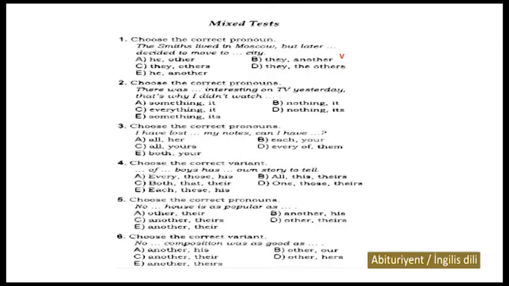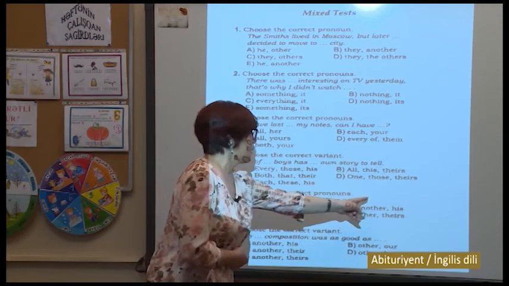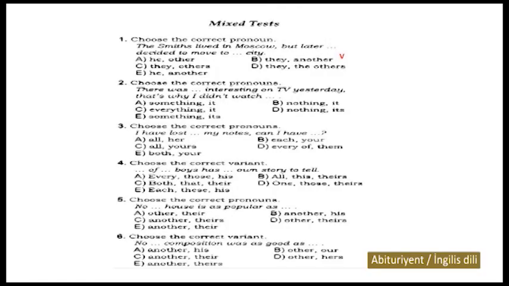What about number 5? Choose the correct pronouns. Again, no house is as popular as. What about no another? We can't use no and another together. So C, E, and A variants are incorrect. And popular as they are is also incorrect because here you don't see any object, so we can't use this one. And what about D variant?